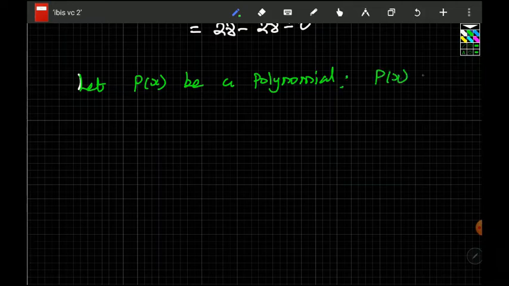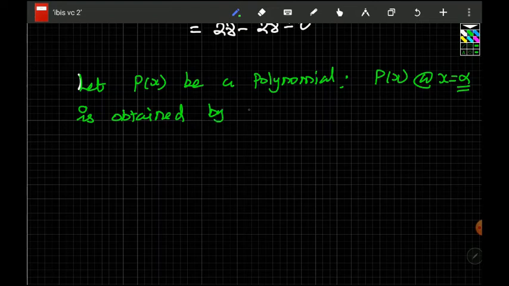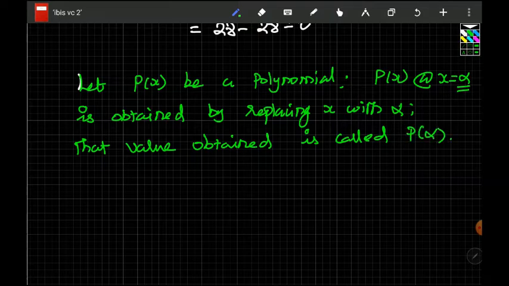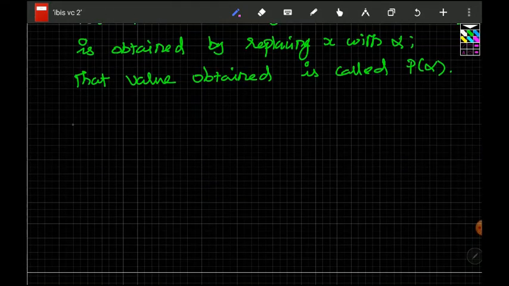P of x at x equal to alpha, some real number, is obtained by replacing x with alpha. That value obtained is called P of alpha. So here we are going to look at some very important observations.